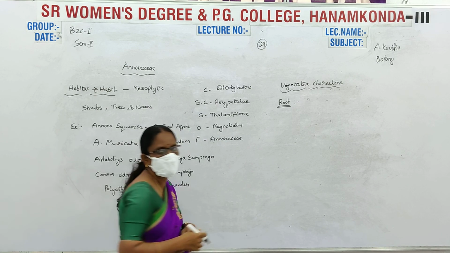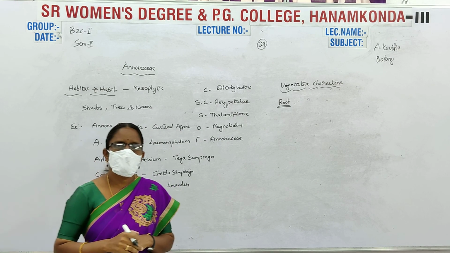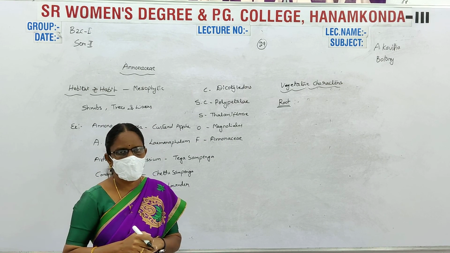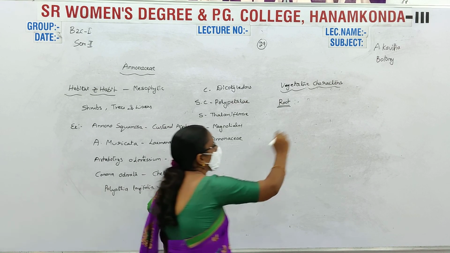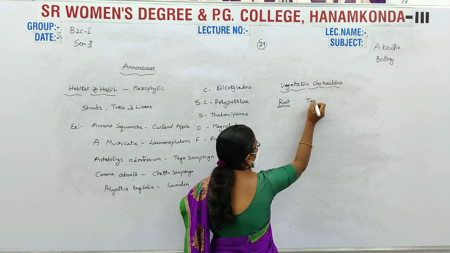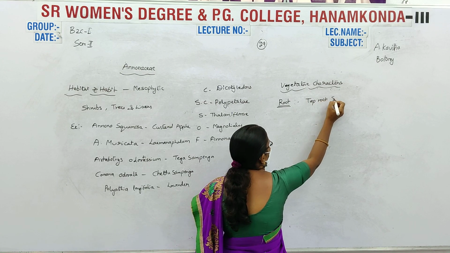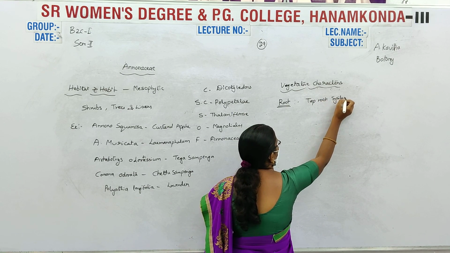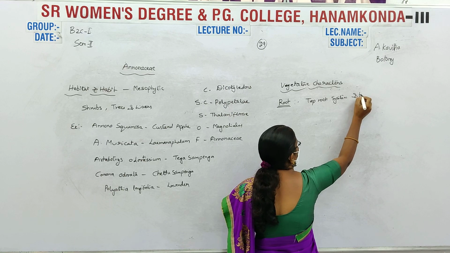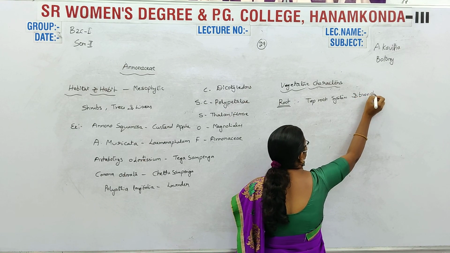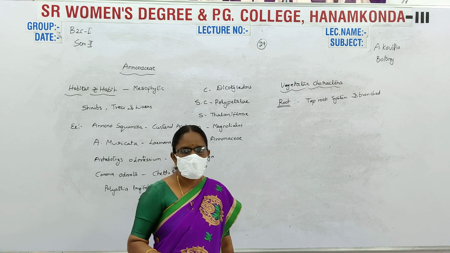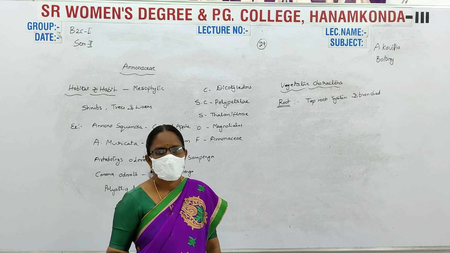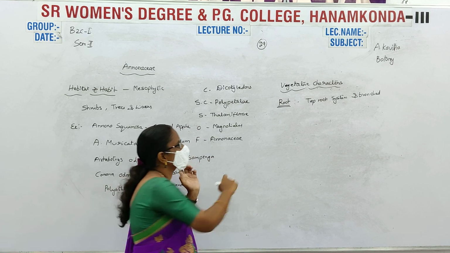The Annonaceae family is a dicotyledon family, and the class is Dicotyledonae. The root system is a taproot system and branched.